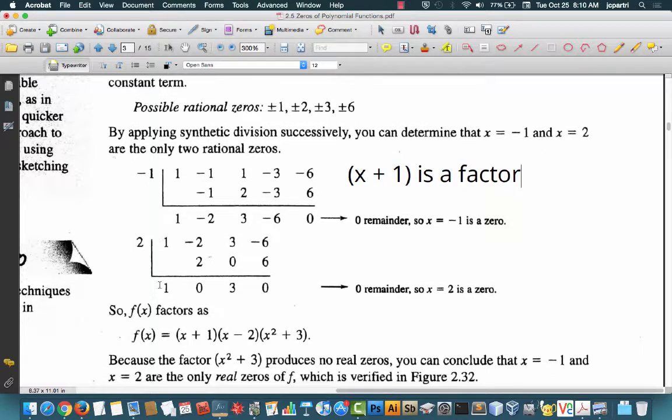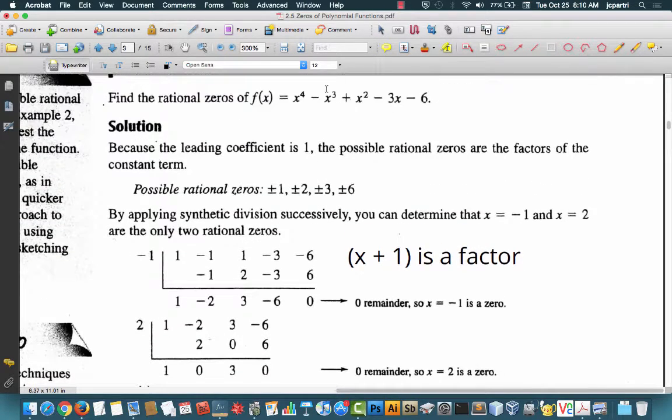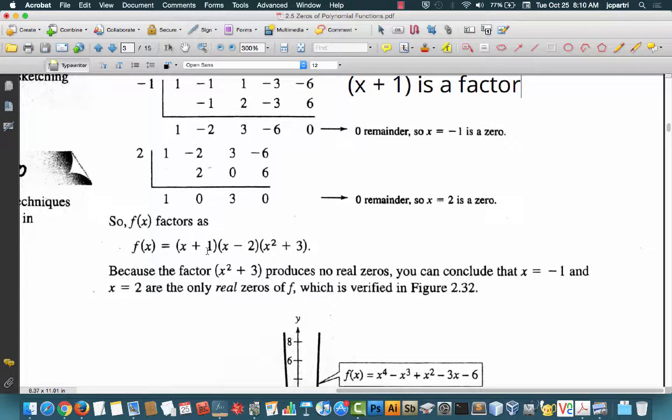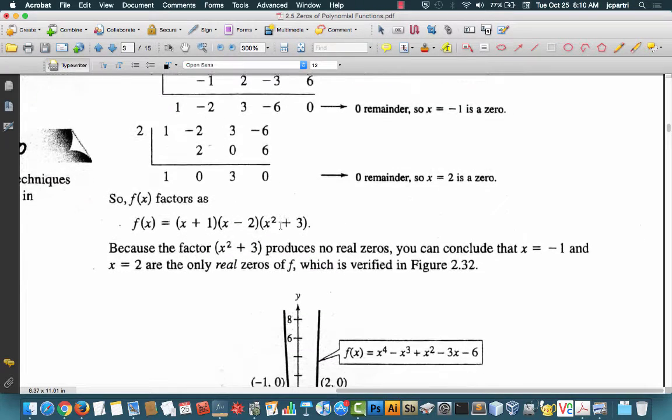And then they went through the synthetic process again, and they got 1, 0, 3, 0. They got a remainder of 0, which means that 2 is also a 0 of the function. So now we can break this function up even further. We can break it up into x plus 1 times x minus 2. And now look at the coefficients here, 1, 0, and 3. So this is 1x squared plus 0x plus 3, which is the same as x squared plus 3.